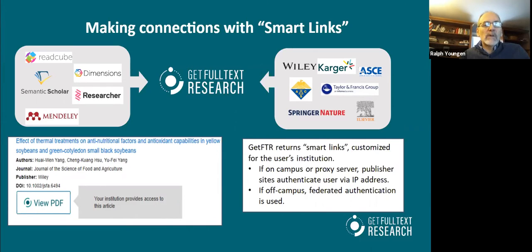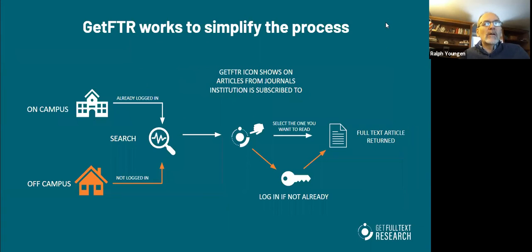When the user comes to the publisher site following that link, they're going to be authorized via IP address authorization as they are today. But if they are not on a recognized IP network, then when they land on the publisher site, they get redirected through their campus through federated authentication. And if you go to the next slide, I'll walk through the steps here a little bit more granularly.